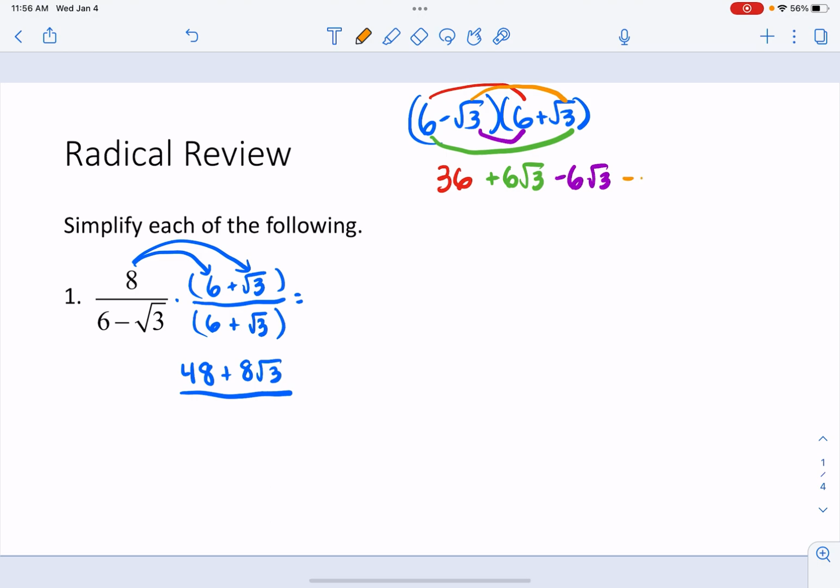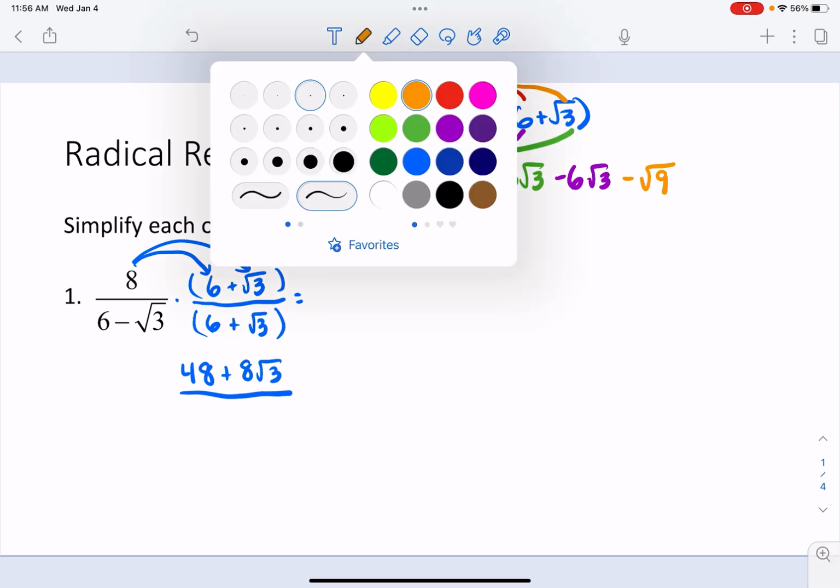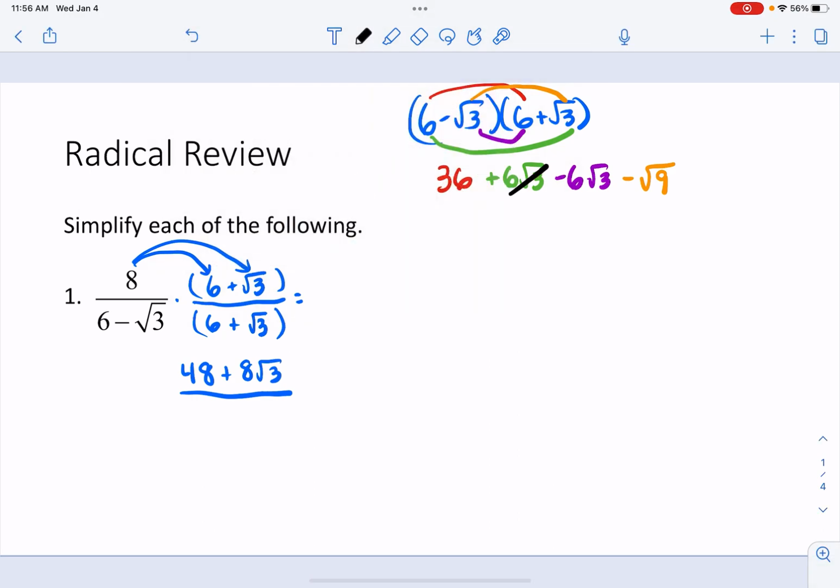So minus root 9. So notice what happens. Those cancel. And I have 36 minus root 9, which is 3. 36 minus 3 is 33. So I have a 33 on the bottom.